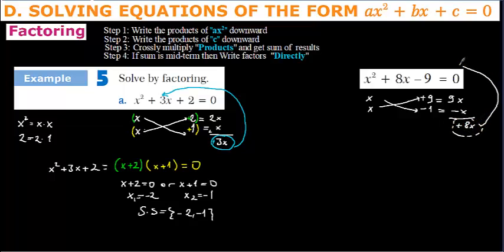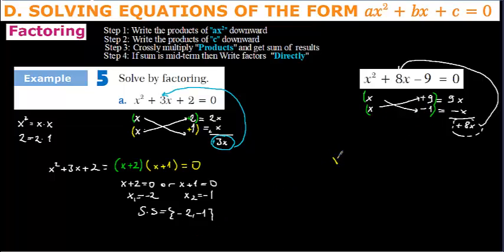The result is equal to the midterm. If the result is the midterm, it means that this factorization is true, and I can get the factors directly, as I said before. It's going to be this one and this one. So we are understanding this one.